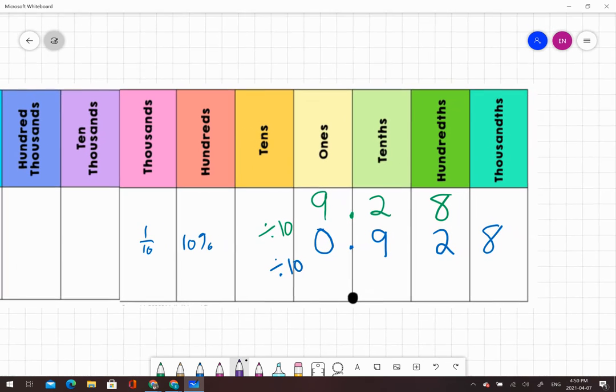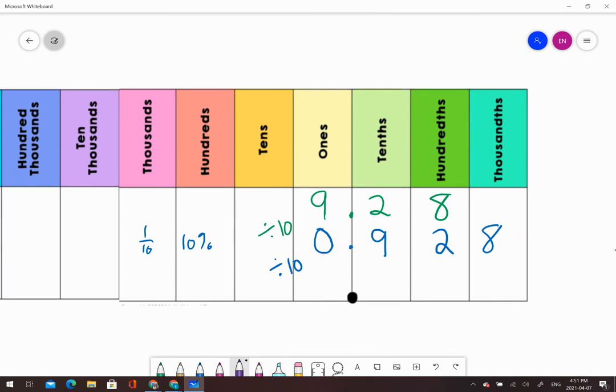Now, what you're going to notice with this place value chart is my 8, when I move it over, is going to go right off the chart, but I'm just going to include it right here. My 2 is going to move from my hundredths to my thousandths. My tenths are moving over to my hundredths column. My ones, which is a 0, is going to move here. And I still need that placeholder 0 on the whole number side of my column.